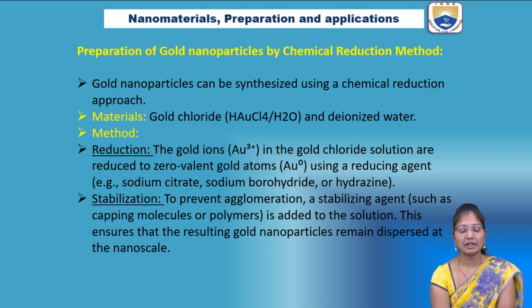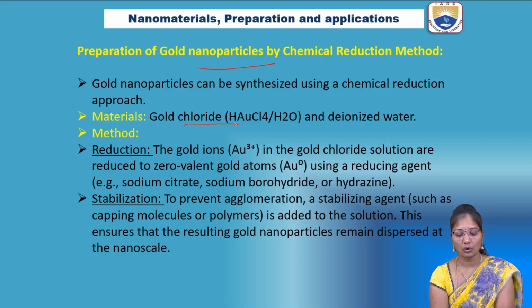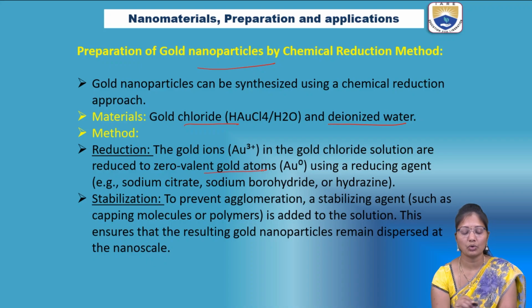Next is the preparation of gold nanoparticles by chemical reduction method. So the gold particles are synthesized by this chemical reduction method. Here we are using the metal salt, which is gold chloride, with deionized water. So the first step is reduction. The gold ions in the gold chloride solution are reduced to zero valent gold atoms.